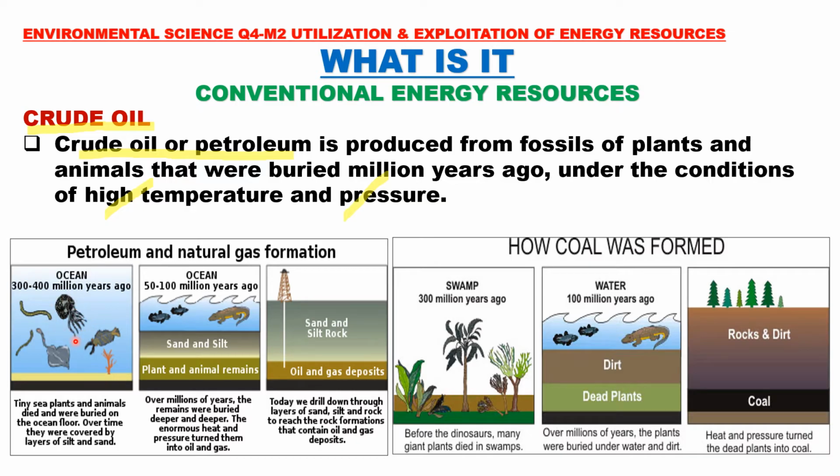Over time, they were covered by layers of silt and sand. Over millions of years, the remains were buried deeper and deeper. The enormous heat and pressure turned them into oil. Today, we drill down through layers of sand, silt, and rock to reach the rock formations that contain oil deposits.